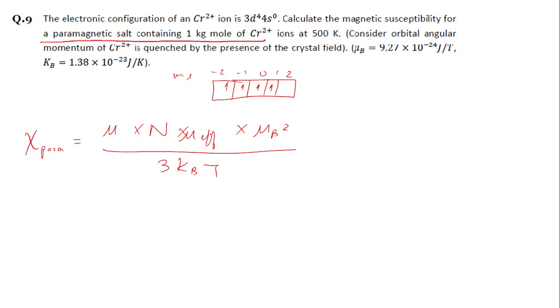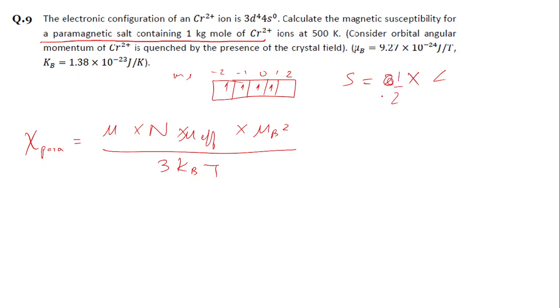So to get mu effective, we need S. Okay, so from here, what S will we get? We have 4 unpaired electrons. Sorry, not 2, half.